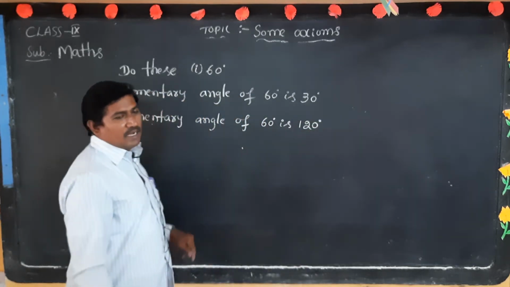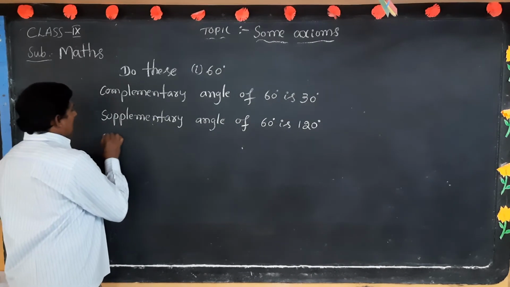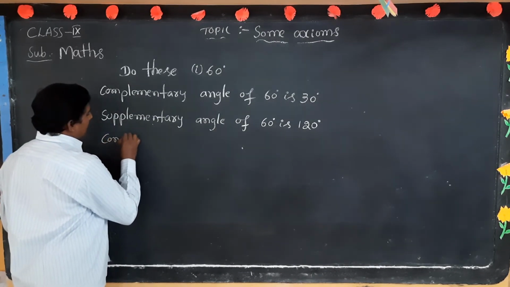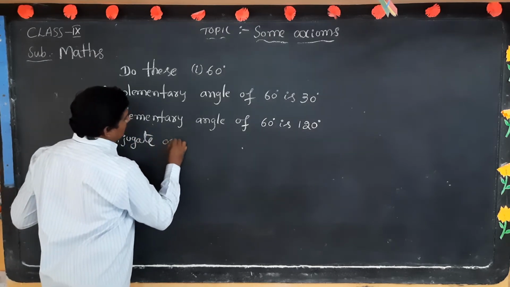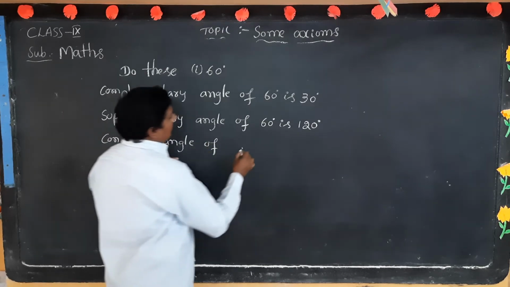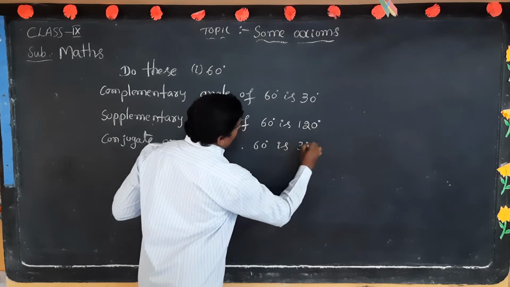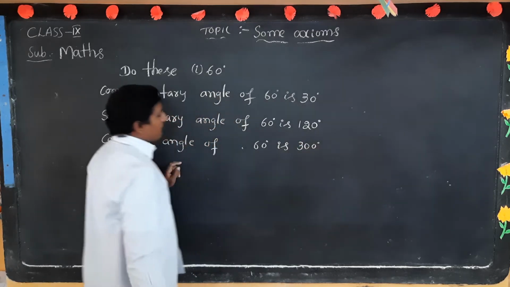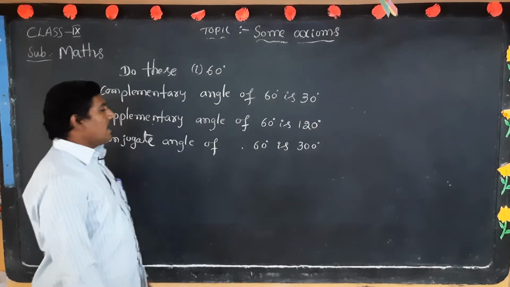Both adding gives 180 degrees. And next, the conjugate angle of 60 degrees is 300 degrees. Okay, the conjugate angle of 60 degrees is 300 degrees.